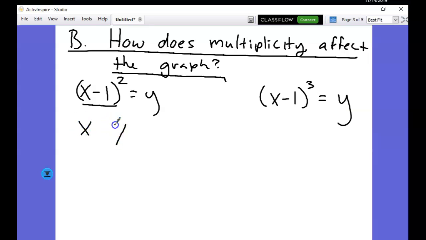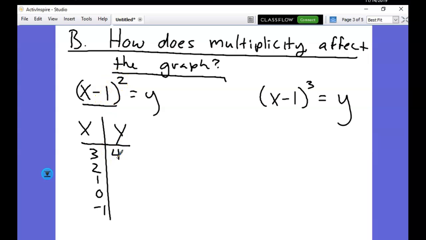So let's do it. I think we start with 3, then we go down to 2, 1, 0, -1. We're going to figure out what the y values are to get our graph. So I'm going to plug in 3. 3 take away 1 is 2, and 2 to the second power is 4.